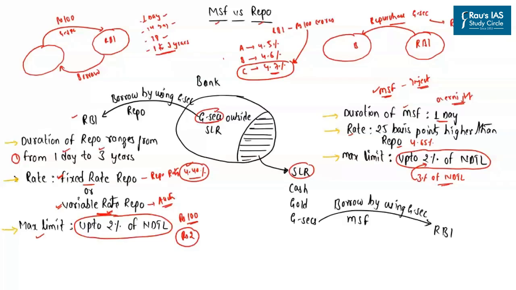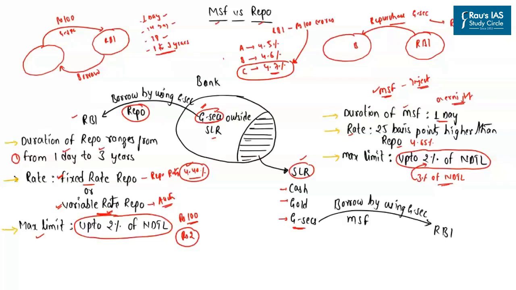The banks are required to maintain SLR in the form of cash, gold and government securities. Apart from maintaining government securities as part of SLR, the banks can also maintain government securities outside SLR. So when a bank is borrowing money from the RBI under the repo window, it cannot use a government security which is part of SLR. The banks must compulsorily use only those government securities which are outside SLR.